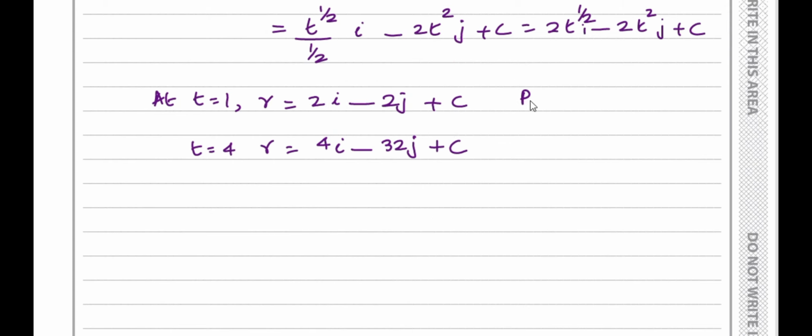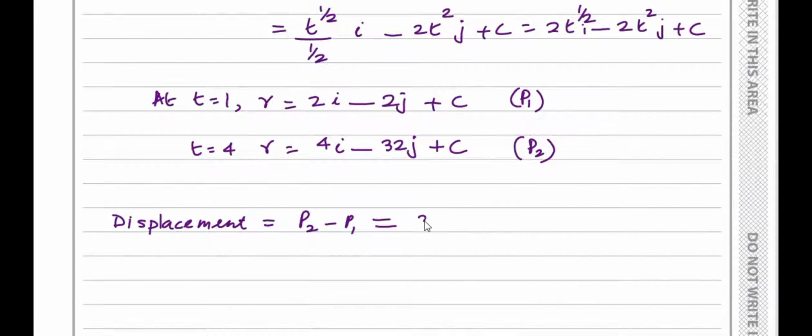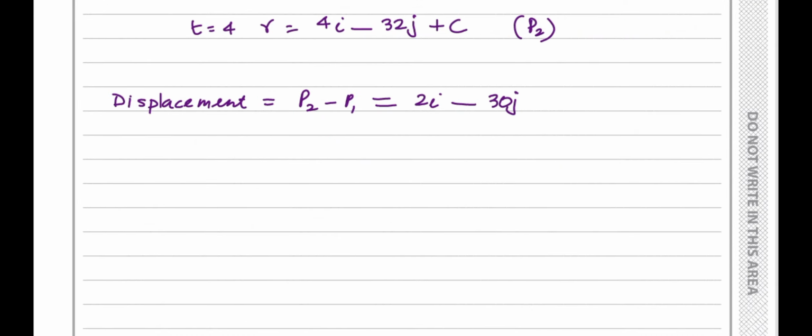Let's say this is position 1 and this is position 2. Therefore, displacement is equal to position 2 minus position 1, which is 4i minus 2i is 2i, then minus 32j minus minus 2j, which is minus 30j, and the c disappears.